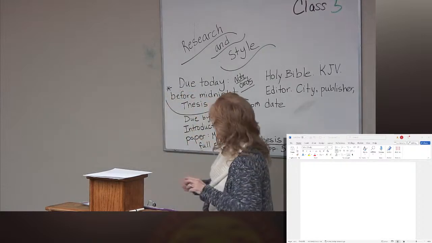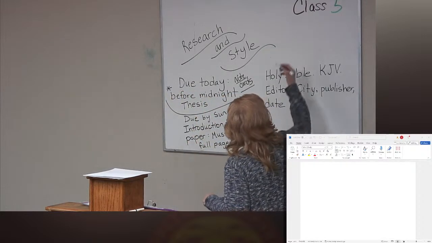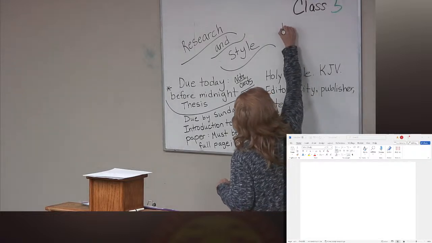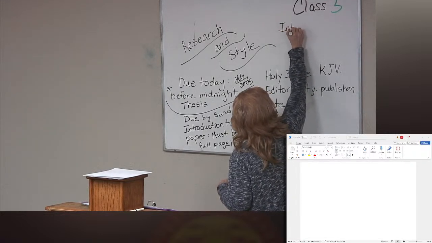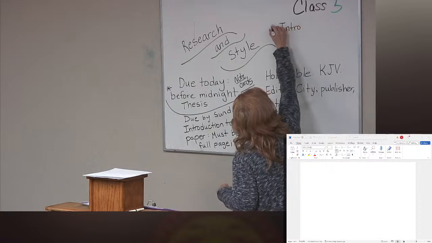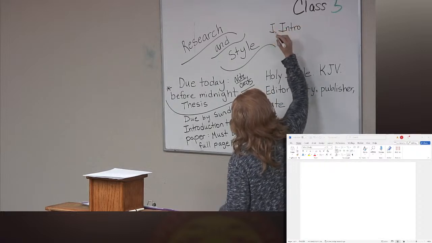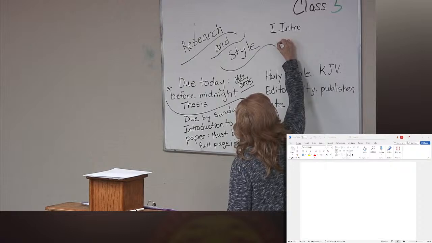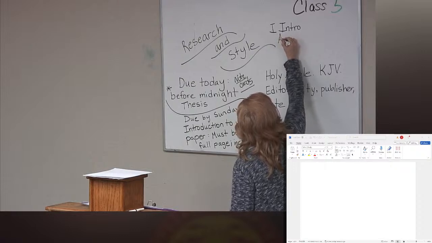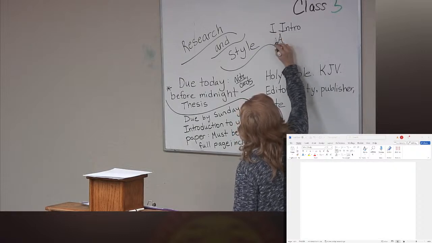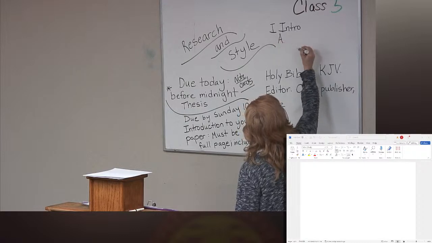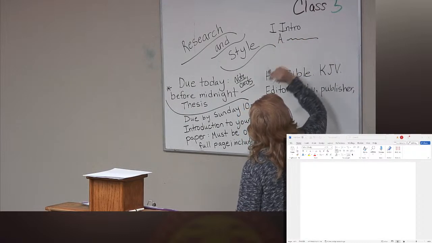And one other thing I want to say about outlines. Let's say we have our introduction here, and let's say this is Roman numeral 1. You start with a capital A, and look, it's indented. So make sure that capital A is indented, whatever you're going to write here.